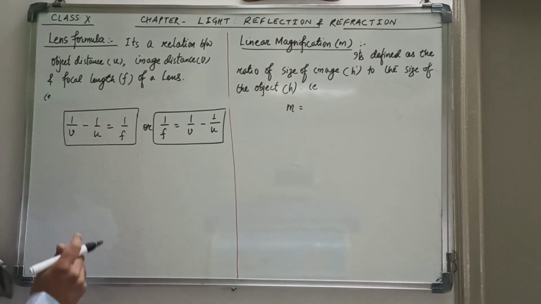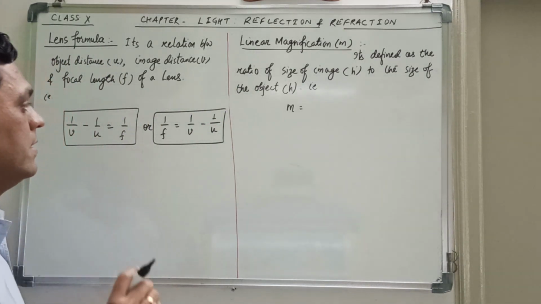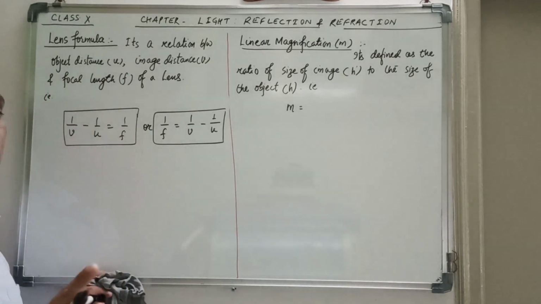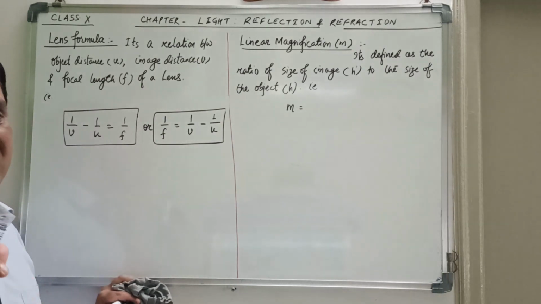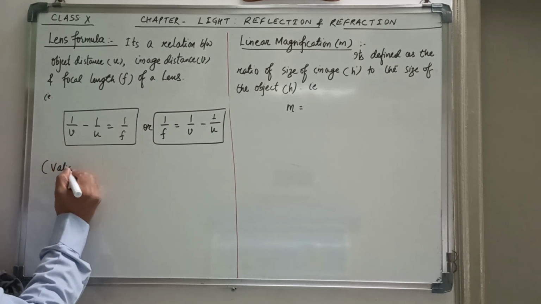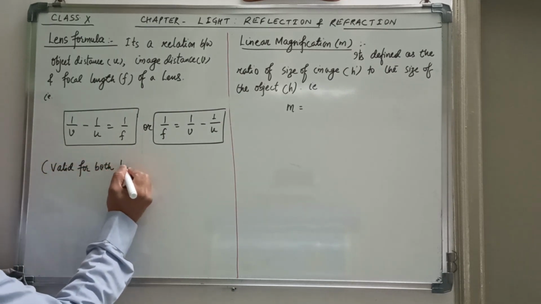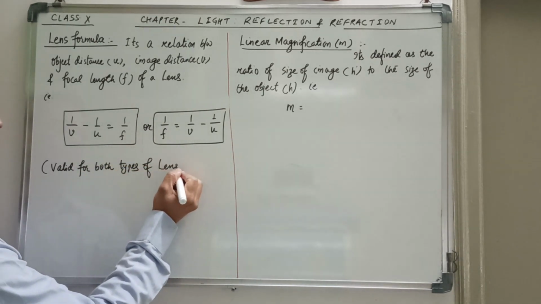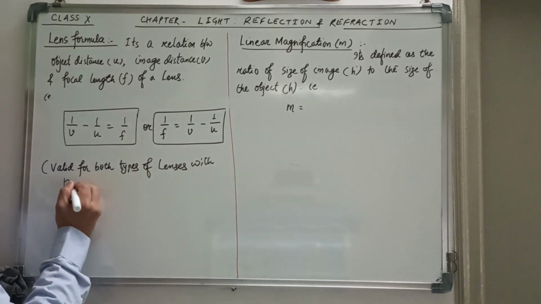The relation is valid for both types of lenses, but you have to put the values of u, v and f with proper sign convention.